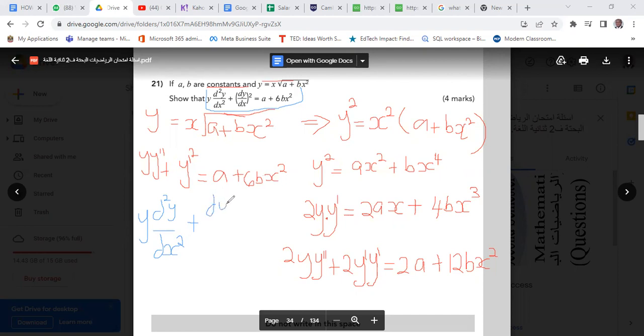I hope you do not confuse those two. The d squared y by dx squared is not the same thing as dy by dx all squared. They are not the same, as you can see here now. So I'll have to put a bracket here and say squared. Now it is the same thing as what I have up here. A plus 6bx squared. It is that simple.